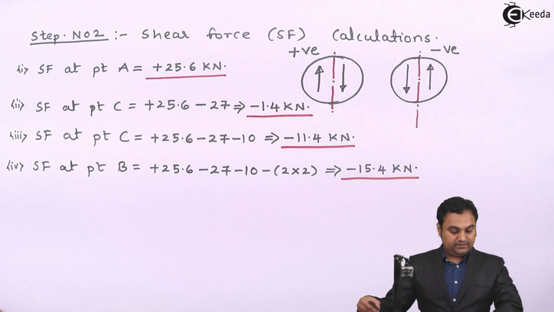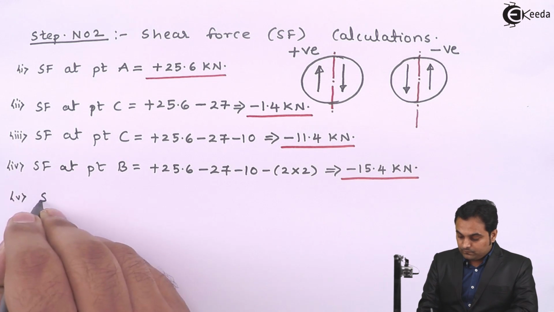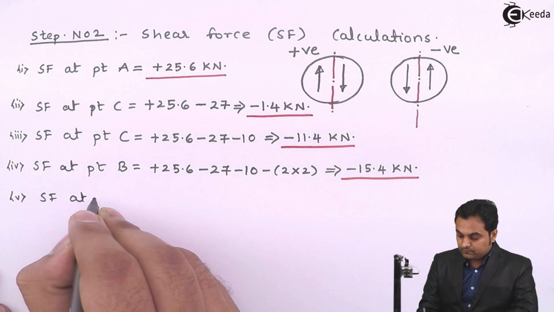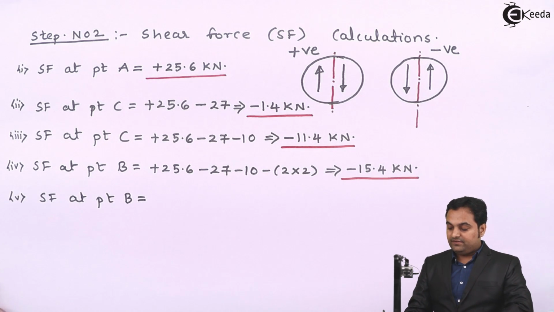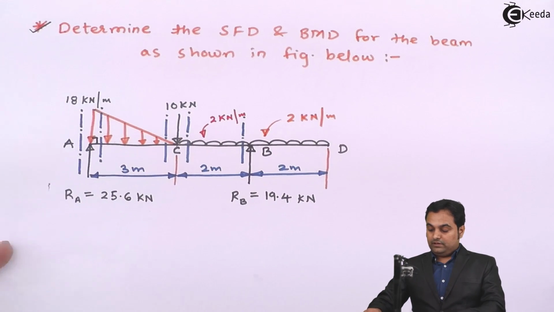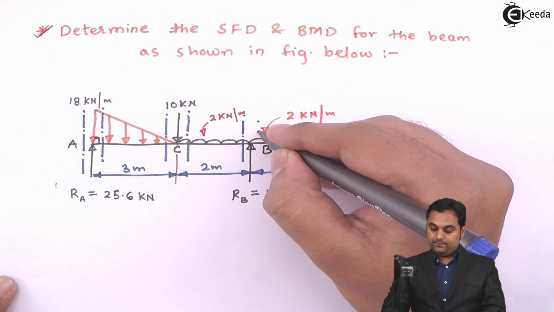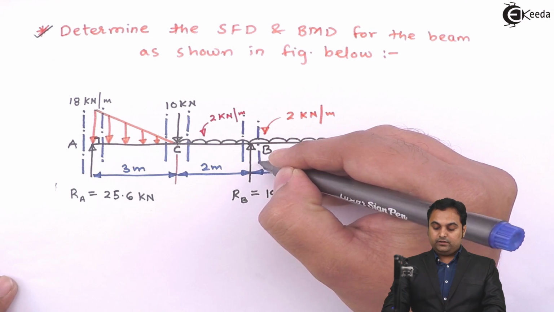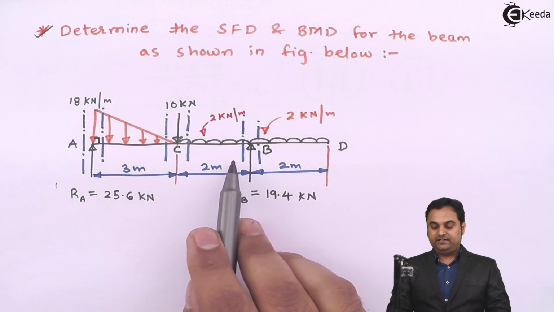Then another value of shear force at B, SF at point B is equal to, now for the other value I am going to take the section on the right hand side of B where the value was same up to the left hand side.